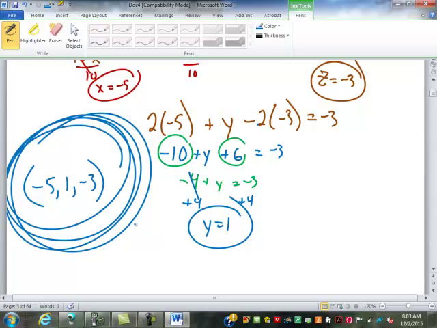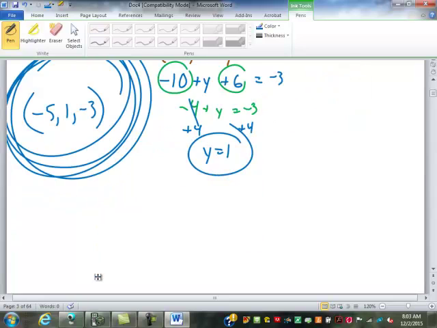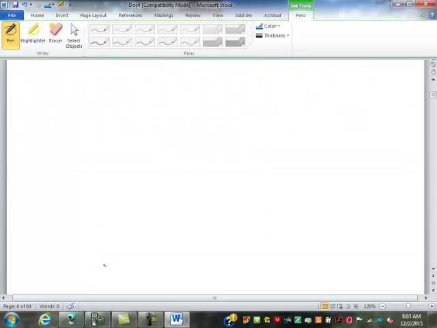Anybody totally blown away right now? This one only took me about 8 minutes to do. Obviously, elimination's a little faster, substitution's a little slower. But there are systems where substitution is the easier way of doing it. For example, I might run into a system like this.